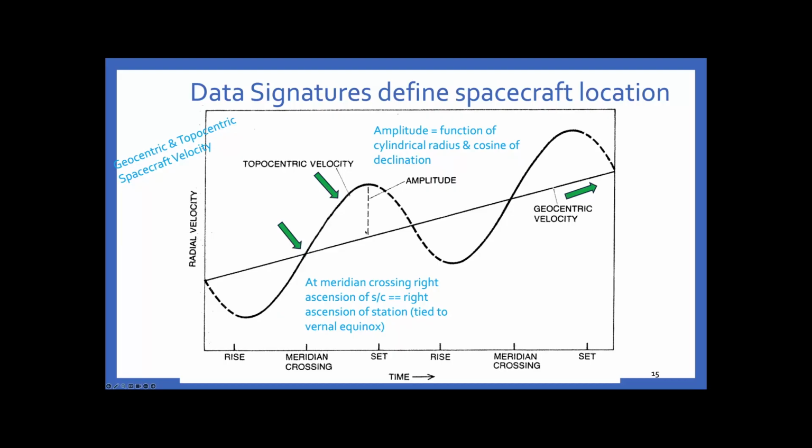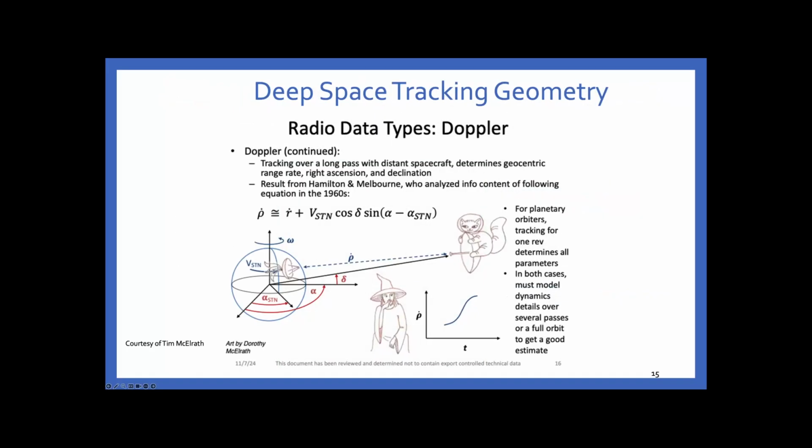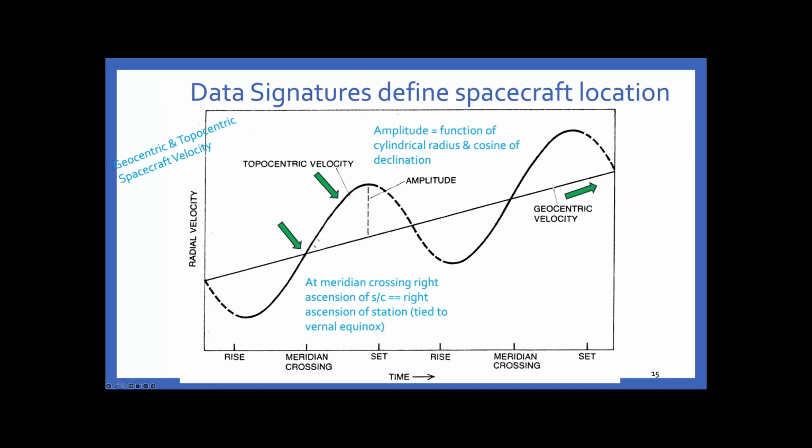Now, the amplitude of this curve is a function of how far the station is from the axis of rotation, this cylindrical radius, and the cosine of the latitude. And this amplitude is a function of the cylindrical distance from the spin axis and the cosine of the declination of the spacecraft. So I've given the whole secret away.